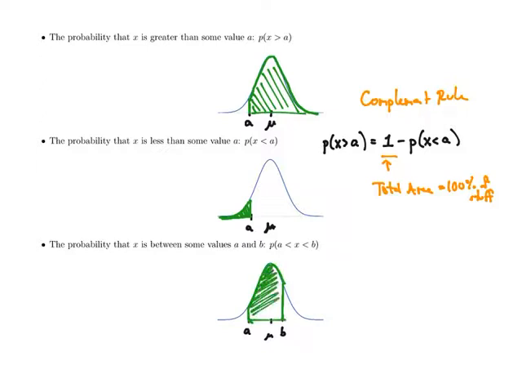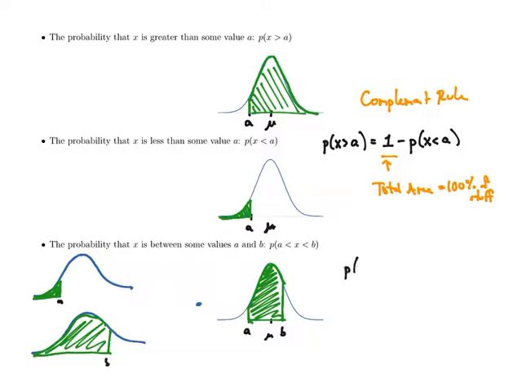We could find this area, and in fact, one way that we could do that is to break this up into the area less than A and the area less than B. We say that this probability is going to be the probability that x is less than b minus the probability that x is less than a.